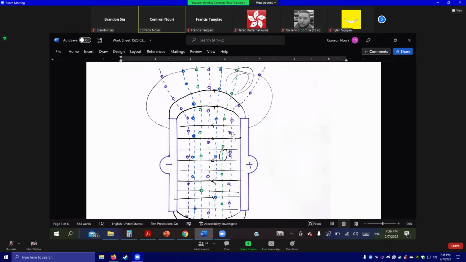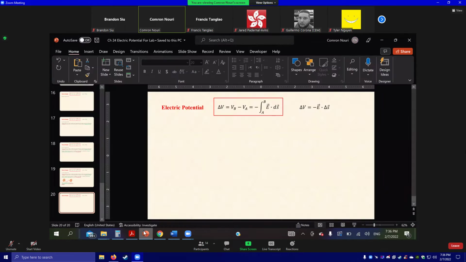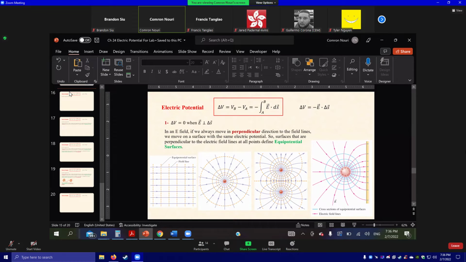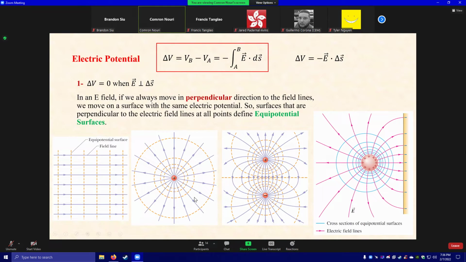All right, if I go to these field patterns, you will see it better. You see here, the field lines are closer to each other. The field lines are the blue ones, and go from positive to negative, right? They are closer to each other, so the field is stronger here, but around here, the field lines are farther from each other.